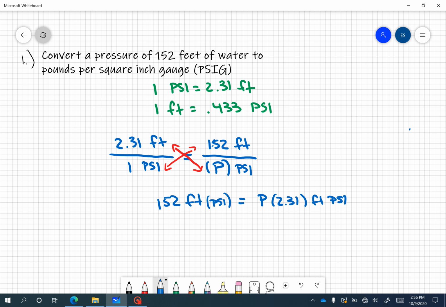And then if we want to get our variable P, or pressure, by itself, we divide both sides of the equation by 2.31.